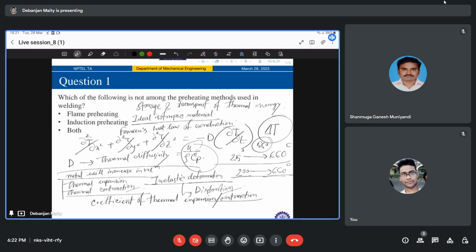Now, what can be a metallurgical effect of heating? So, metallurgically, what will happen if you are doing some heating of the metal? Your metal will act as a large heat sink, right?